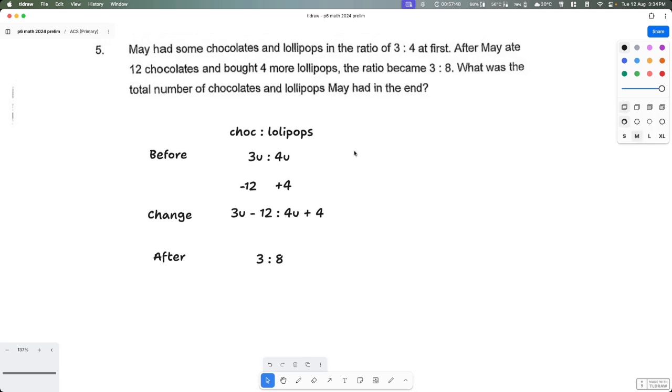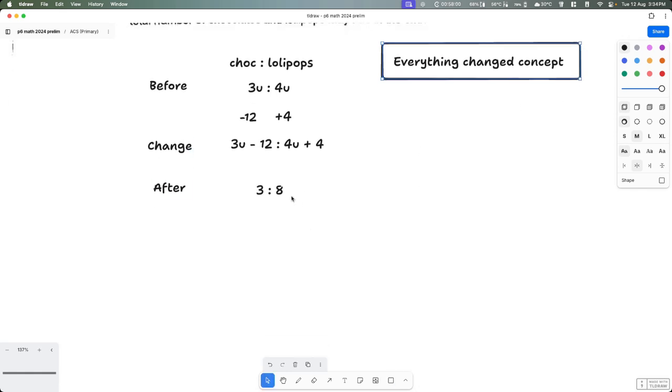So we're going to use this thing called the everything changed concept. Everything changed. With this over here, we want to in a way compare.